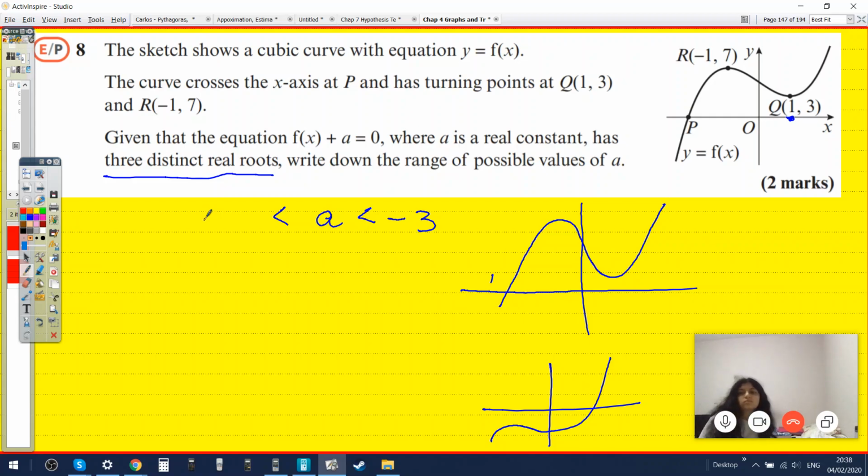It moves 7.5 down. So what would the coordinate of this be if it moved 7.5 down? So that would be minus 0.5.